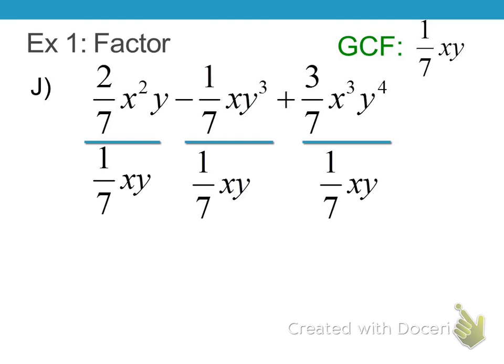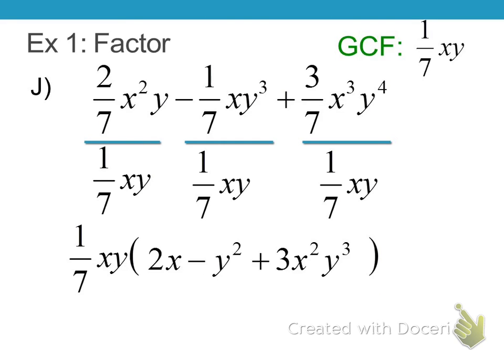This is one where it's almost easier to think of like, what would you multiply this by? Like, what would you multiply 1/7 by to make this? 2, right? So you're going to be left with a 2 up there. What would you multiply this 1/7 by to make this? It'd be -1.